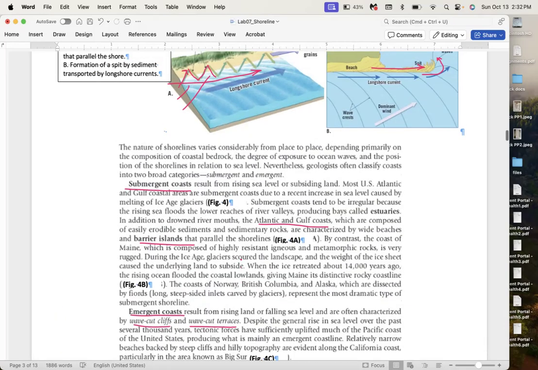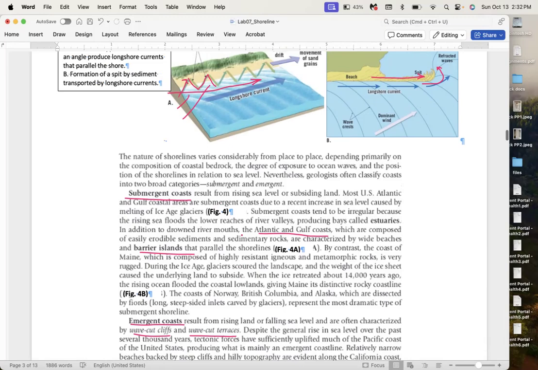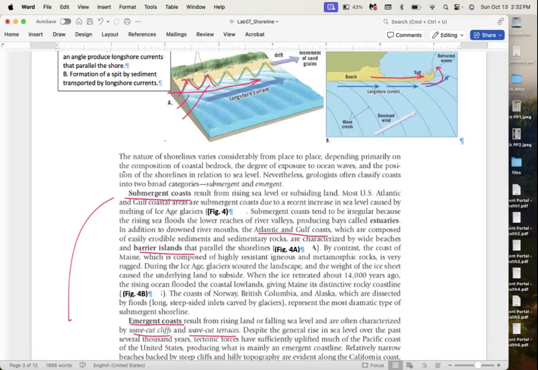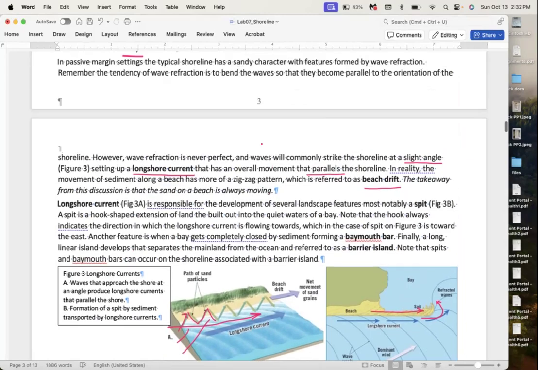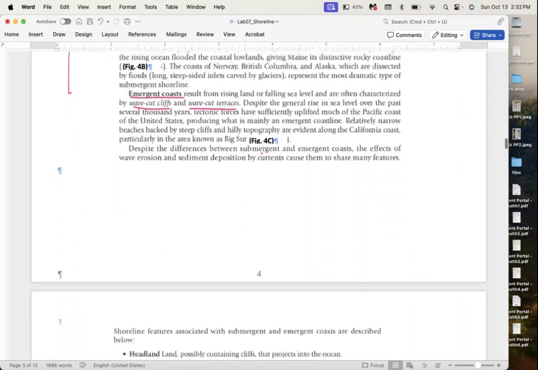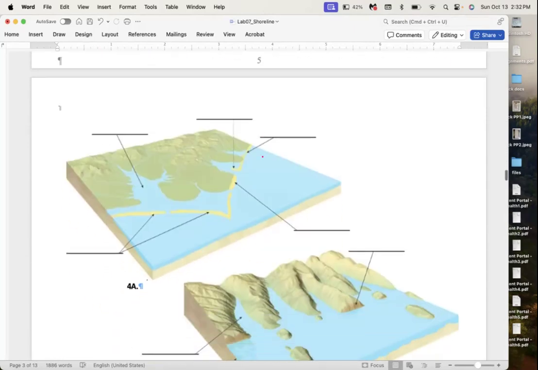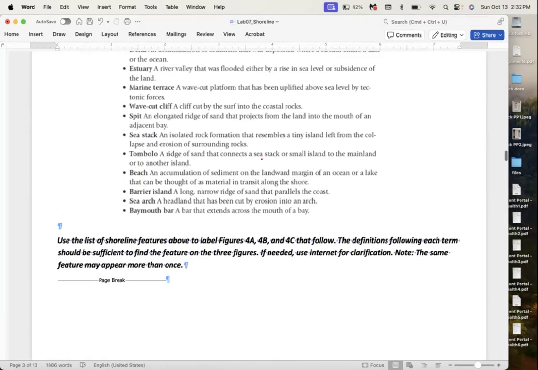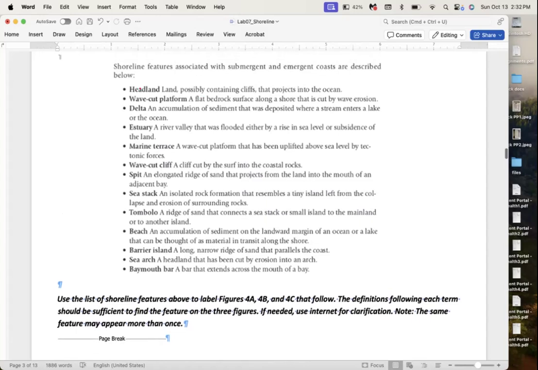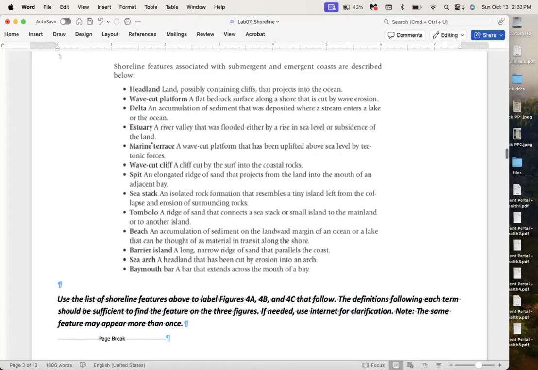And so I want you to use this information in this area coupled with what we've talked about up here to label the coasts down here in figure 4 and all of the features that you will need: headlands, wave-cut platforms, deltas, estuaries, marine terraces, wave-cut cliffs, spits, sea stacks, tombolos, beaches, barrier islands, sea arches, and baymouth bars.